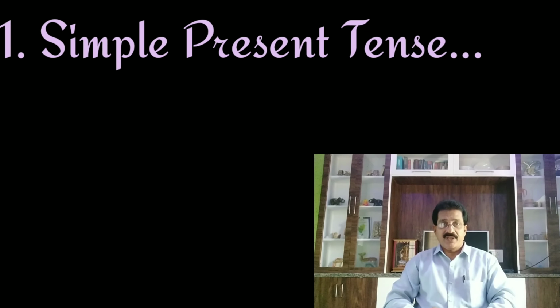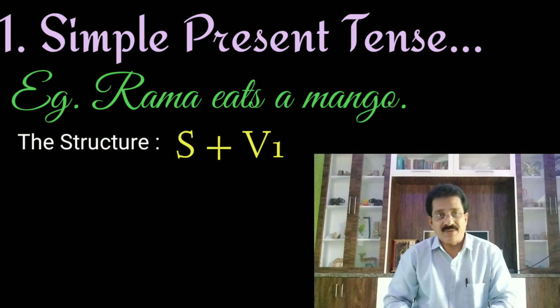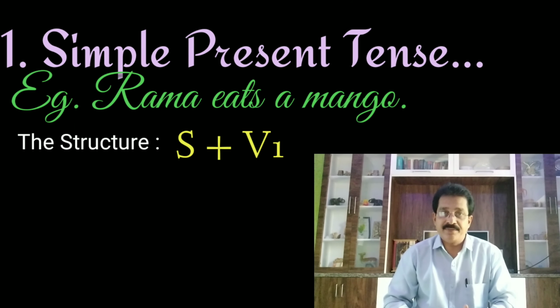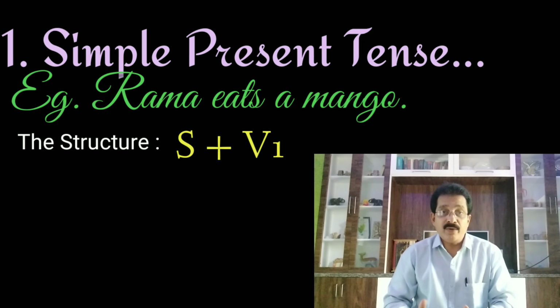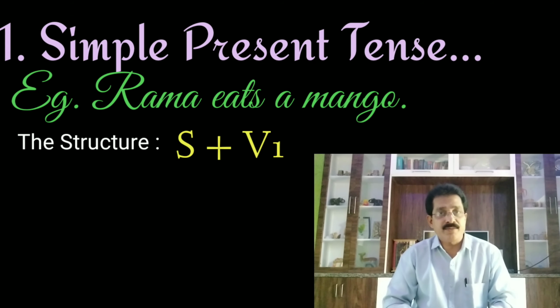Now, how many forms of verbs are there? Well, there's a contention actually. Some say 6, some say 5. We are not going to deal with that. We are going to talk about the first 3 forms of verbs: V1, V2, V3. V1 simply means the present form of the verb, for example, eat.